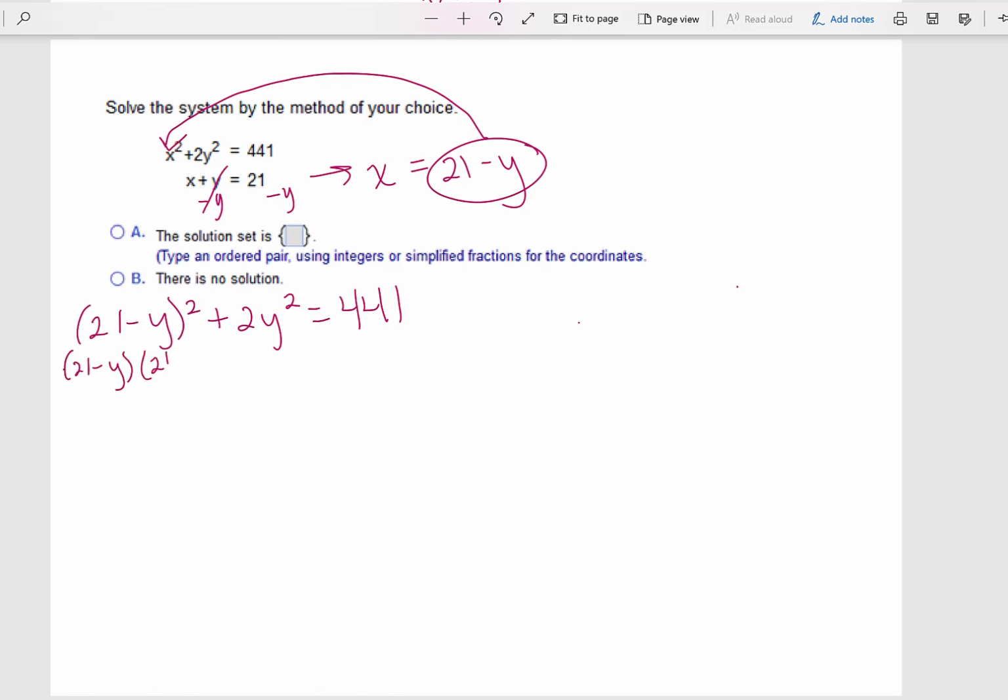So remember 21 minus y squared is 21 minus y, that's a tongue twister, times 21 minus y. Okay, and then we drop down the rest of that equation.